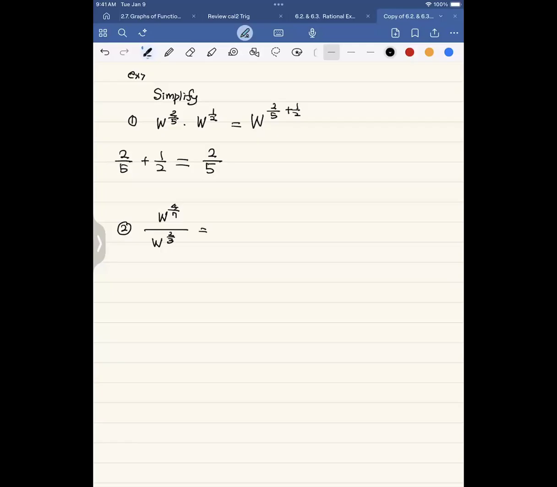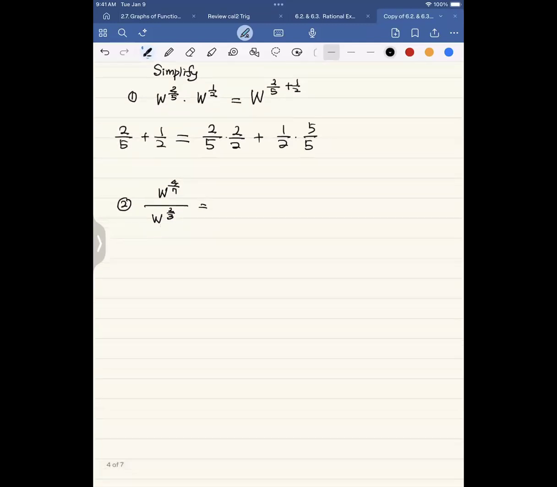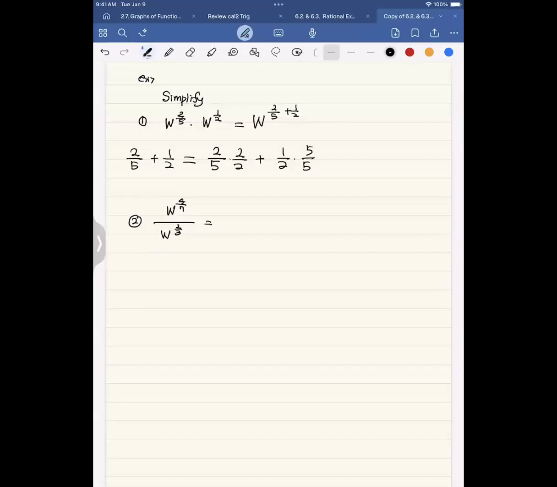To make the denominator 10 for the first fraction, we have to multiply by 2 over 2, and for 1 over 2, to make the denominator 10, we have to multiply 5 to the numerator and denominator.